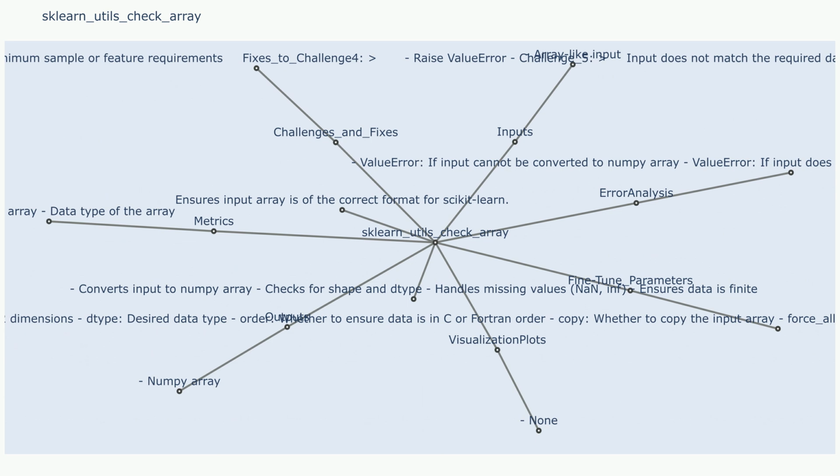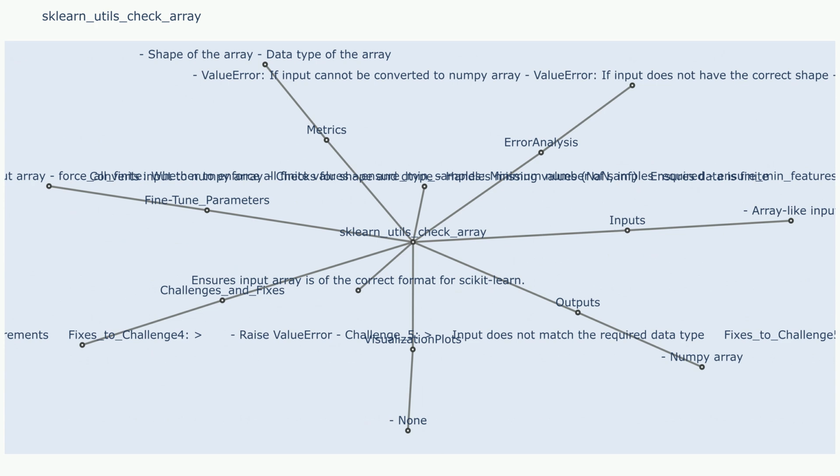Challenge 4: input data in the wrong format, e.g., a list instead of a NumPy array. Sample use case that resulted in challenge 4: passing a list of lists directly to a scikit-learn model that expects a NumPy array. Fixes to challenge 4: convert the input data to a NumPy array using functions like np.array.